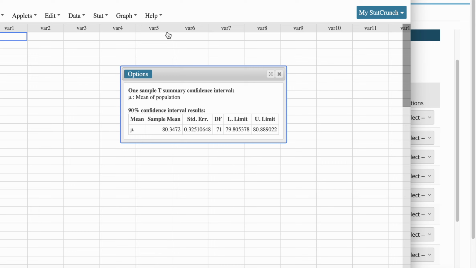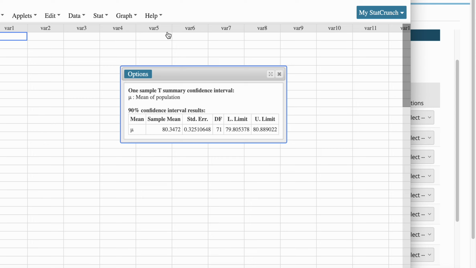Okay, so let's look at the output. They want 2 decimal places, so we're going to jot down 79.81 for the lower limit, and the upper limit, that's going to bump up to a 9, I think it's going to be 80.90, when you do all the bumping up from one decimal spot to the other.